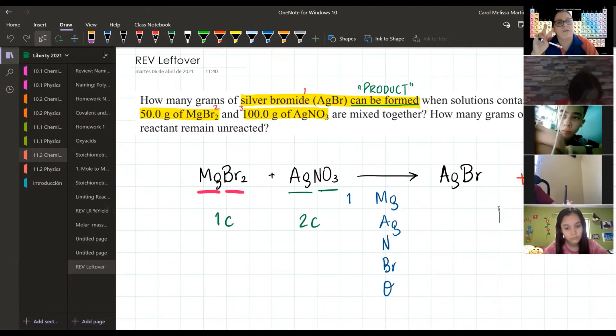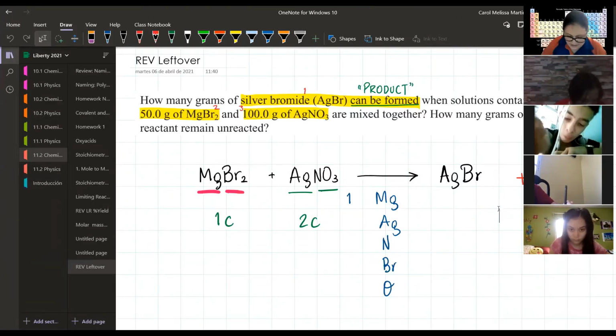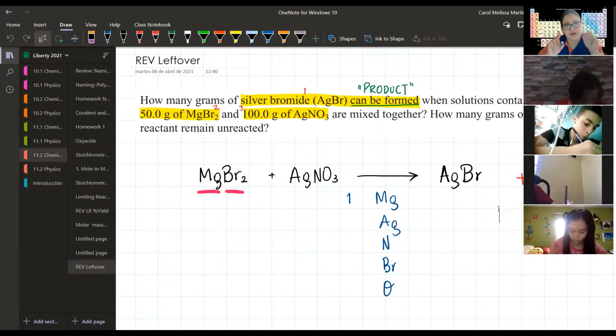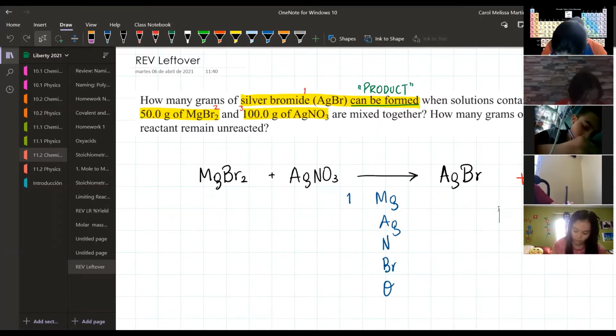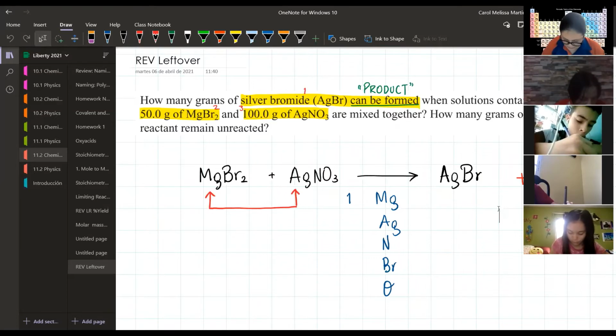When I have two compounds, I will have a double substitution reaction or a double displacement reaction. Now for this kind of reactions, what we do is we exchange partners, which means that magnesium and silver will switch places.